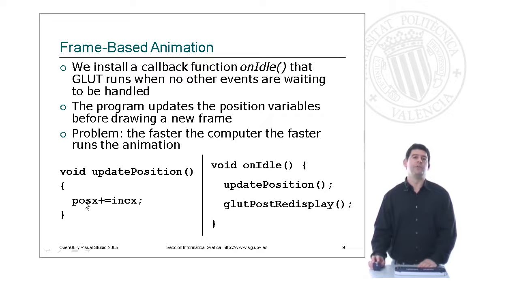Position update means that the position is going to be incremented by a certain value, and then we invoke the glutPostRedisplay callback. The problem with this animation technique is that the faster the computer, the faster the animation runs. And we may want the animation to run at the same speed on any computer.